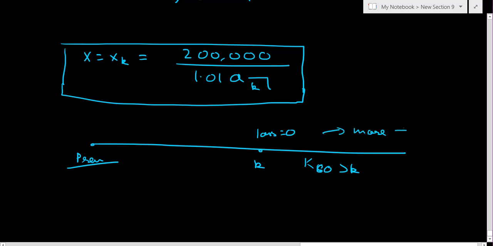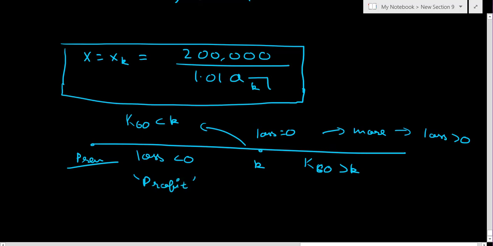So this would lead to a loss greater than 0. This would increase the amount of loss. On the contrary, if K60 would be less than k, then we would have a loss less than 0, or we would have a profit, right? That's what it would be.